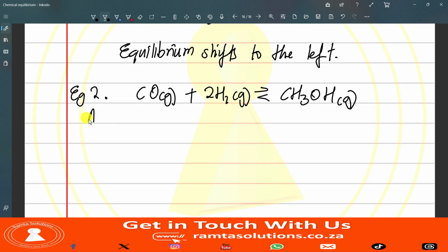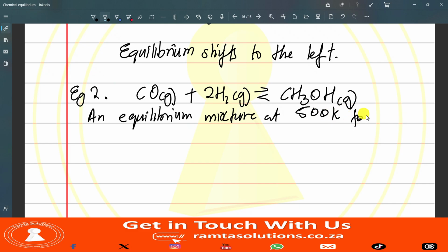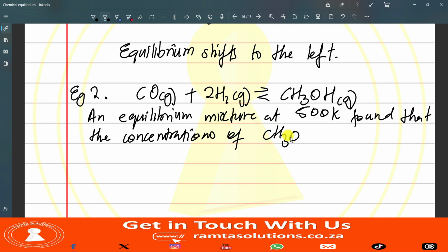We have an equilibrium mixture at 500 Kelvin, found that the concentration of methanol, CH3OH, is 0.0203 mole per cubic decimeter.